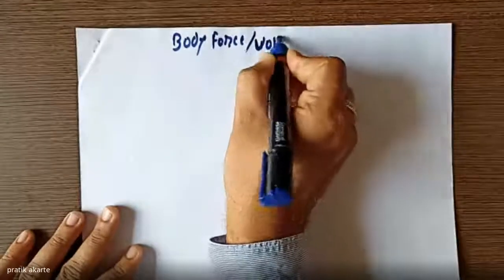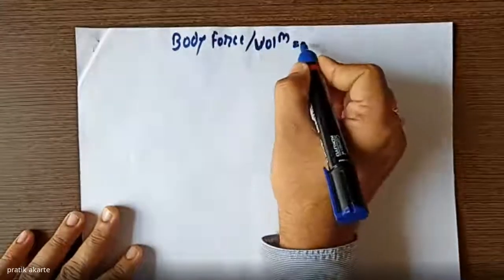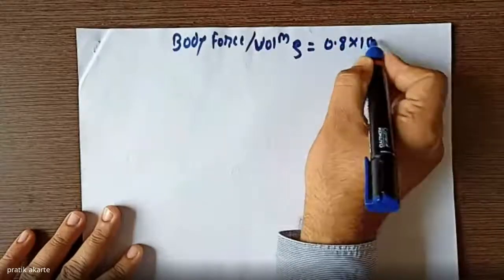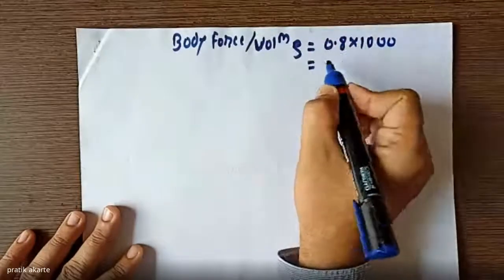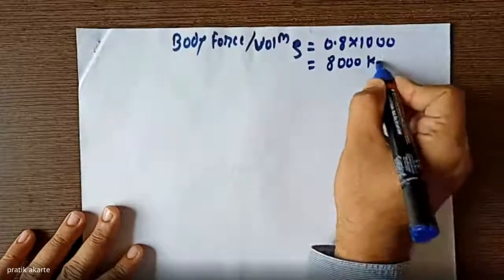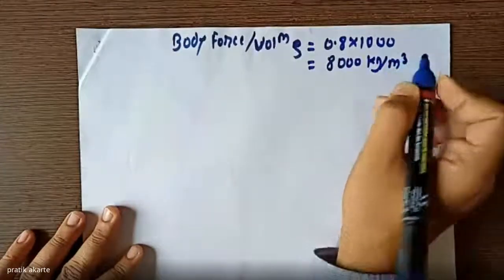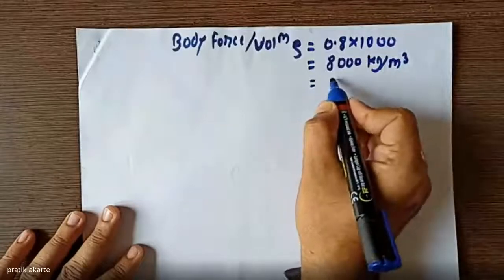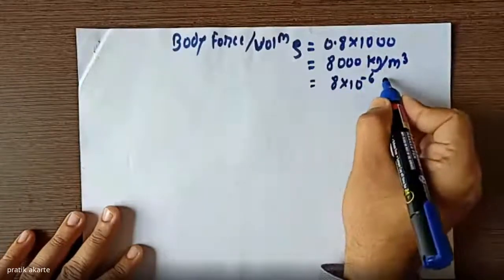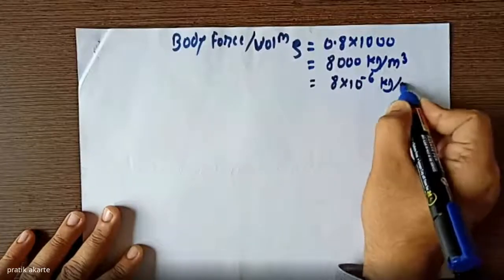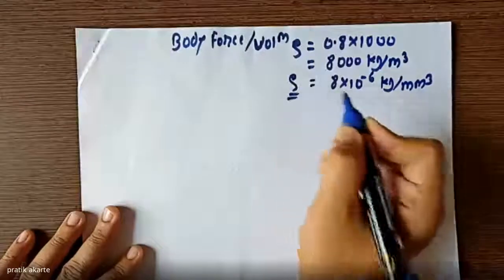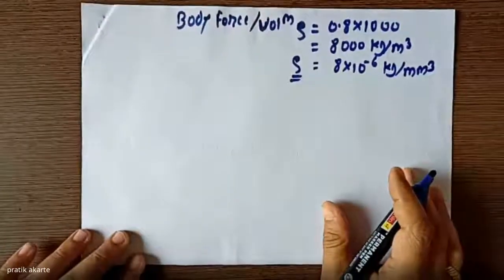Per unit volume, that is rho, is equal to 0.8 into 1000. 0.8 is the specific gravity of the steel, so 8000 kg per cubic meter, which you can write as 8 into 10 raised to power minus 6 kg per cubic millimeter. So we will be making use of this while deriving the forces.